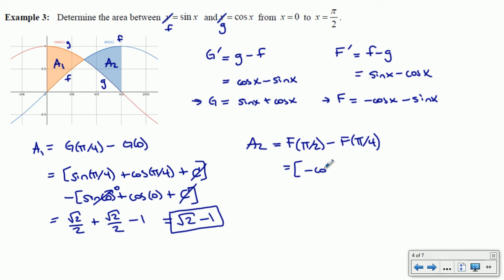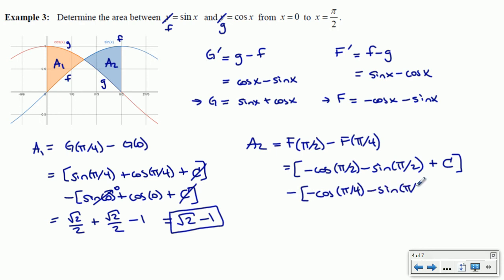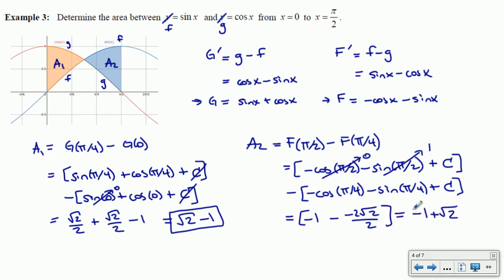So we would do negative cos at pi over 2 minus sine at pi over 2 plus c, and then subtract negative cos at pi over 4 minus sine at pi over 4 plus c, which would eventually give us negative 1 subtract negative 2 root 2 over 2, because cos at pi over 2 is 0, sine at pi over 2 is 1, and cos at pi over 4 and sine at pi over 4 are both root 2 over 2. So this expression would give us negative 1 plus root 2.